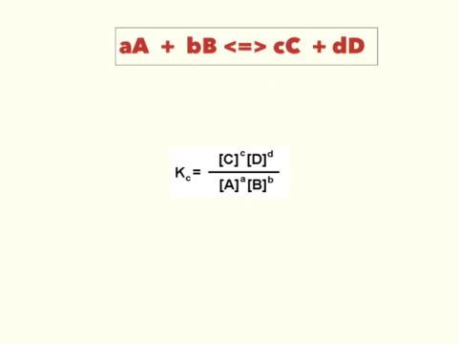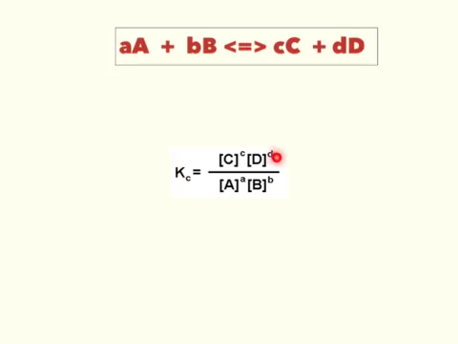Remember our generic equation A plus B yields C plus D. If we write the equilibrium expression for that, then this is what we get. And if we're to affect equilibrium by, for example, adding more product and shifting equilibrium toward the formation of more reactant, then C and D are going to react to produce more A and B. So the concentrations of A and B will end up increasing.